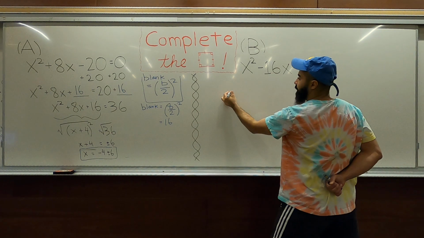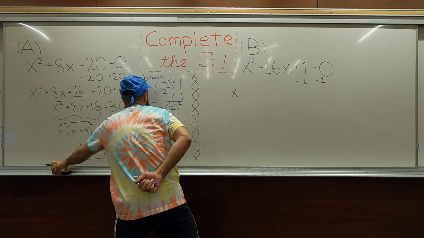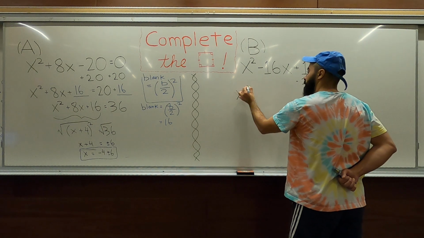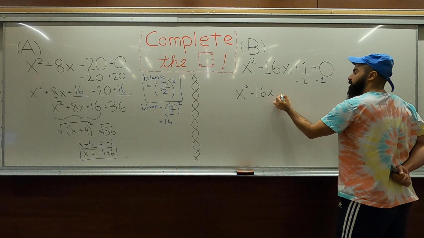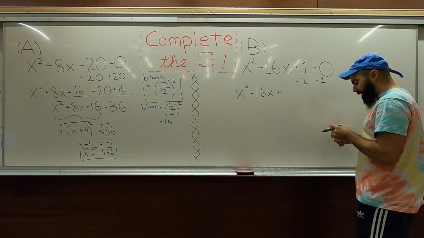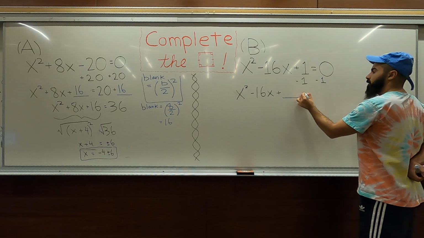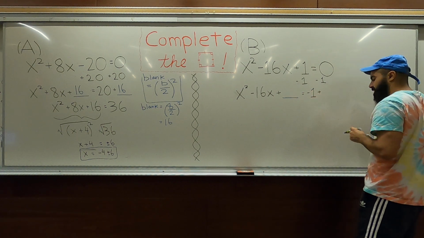And then we are left with x squared, let me write that bigger, minus 16x plus my blank equals negative 1 plus blank.